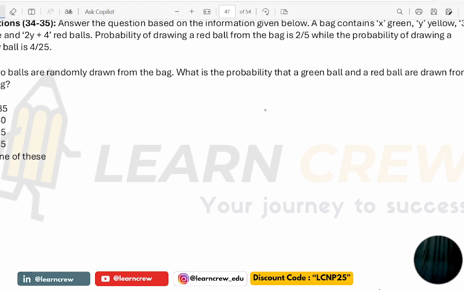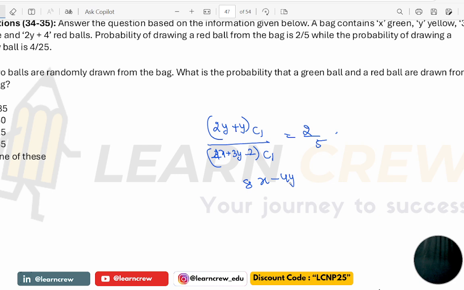Please see here. It is given that the probability that a red ball is drawn is 2y plus 4 C1 divided by 4x plus 3y minus 2 C1. Am I correct? Okay, so this is given as 2 by 5. If you simplify this, you are going to get 8x minus 4y is equal to 24.